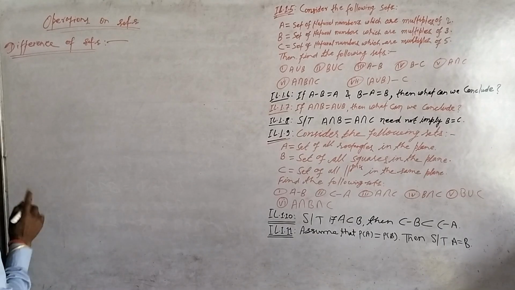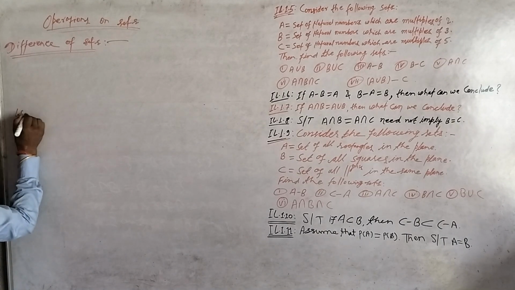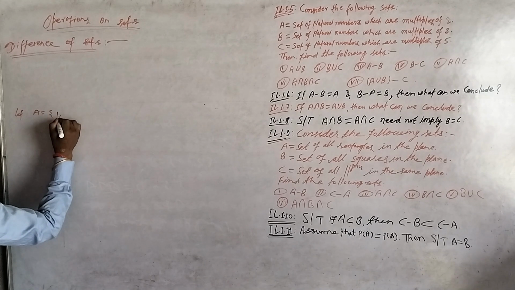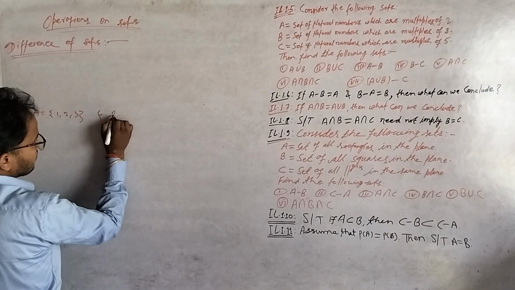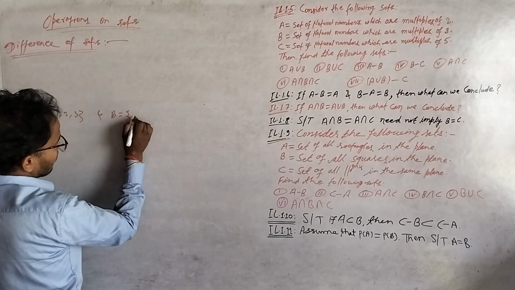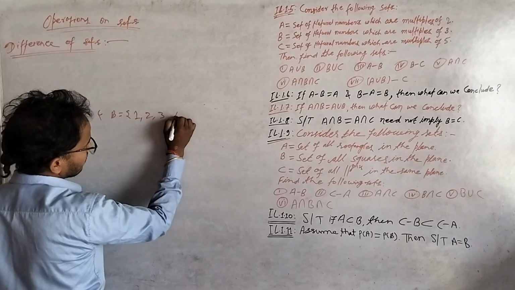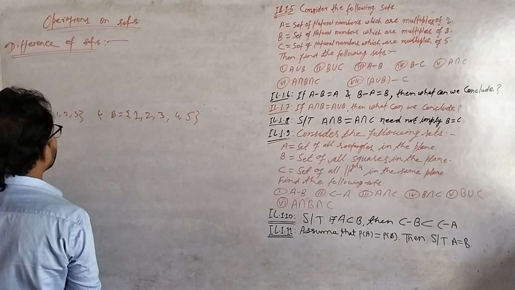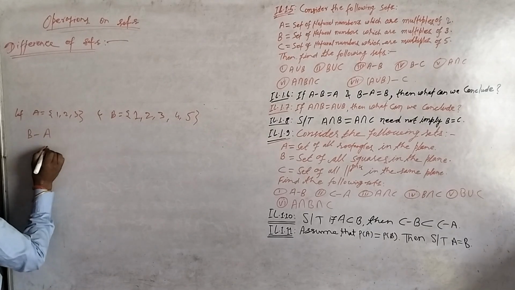Now for difference of sets, we first take examples. Let A equal to {1, 2, 3} and another set B equal to {1, 2, 3, 4, 5}. How do we differentiate?